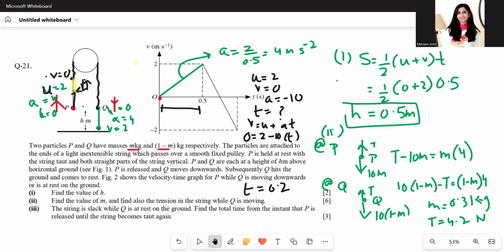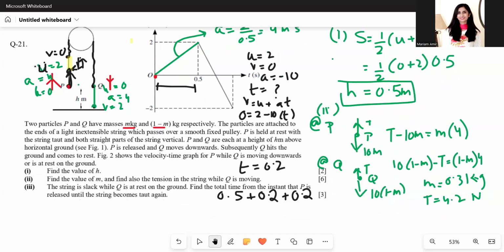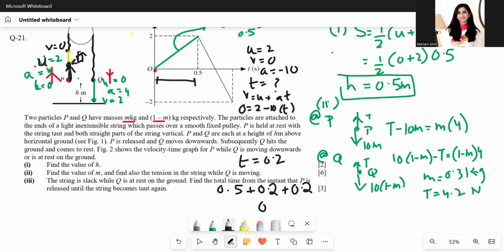So the total time P takes is 0.5 going from here to here. Then it becomes slack, stays slack for 0.2 seconds. Then in another 0.2 seconds, it falls down and becomes taut again. So this would be 0.9 seconds.